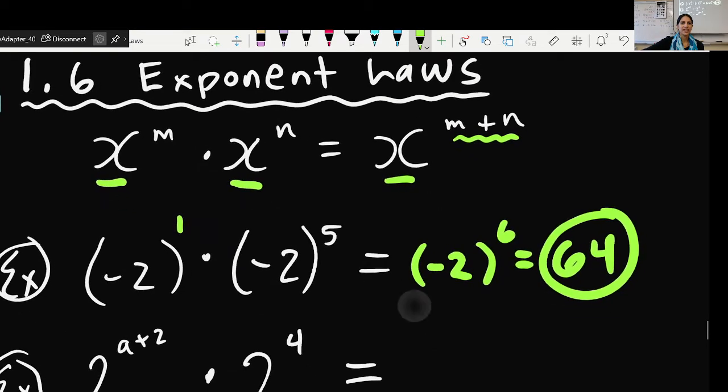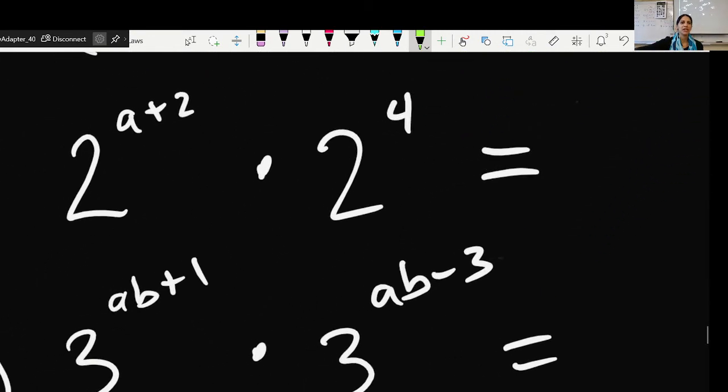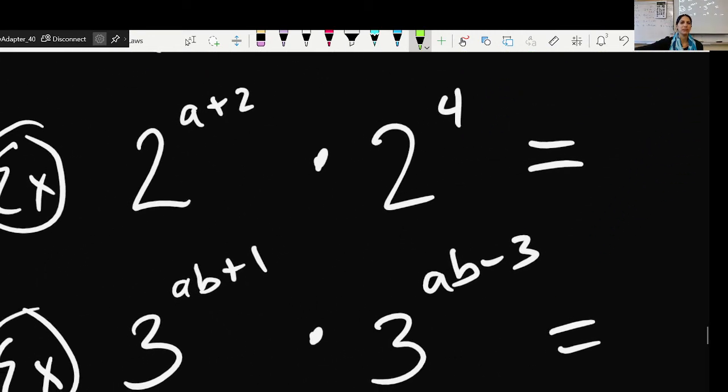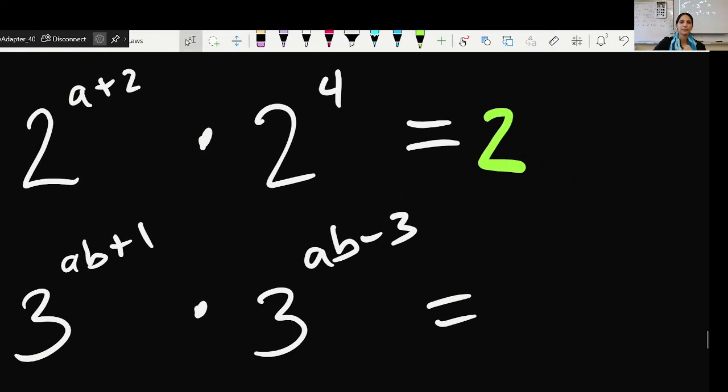Okay, so if that's the exponent law and we know that that's our rule, what's the base in this next example? 2 to the a plus 2, so this is a little bit weird in that we have a variable at the top. We have a plus 2 times 2 to the 4, so our new base is still going to be 2.